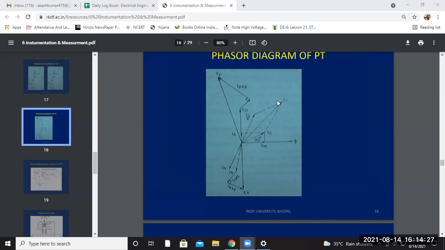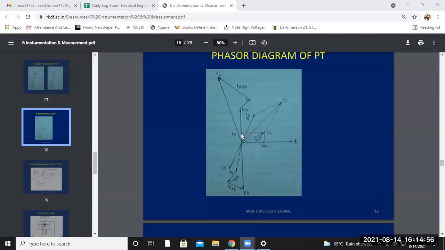This is the primary current, which will be in parallel with IP RP, there because of the voltage drop in the primary side. Then there is the primary reactance drop, IP into XP, which is at 90 degrees from IP RP. This gives you the exciting current or the primary current that will flow. Now this is your primary voltage VP.